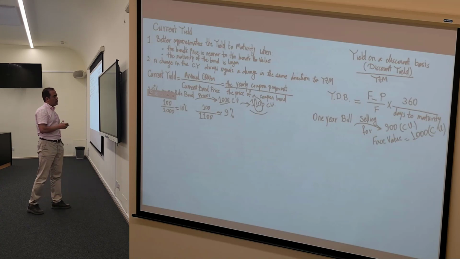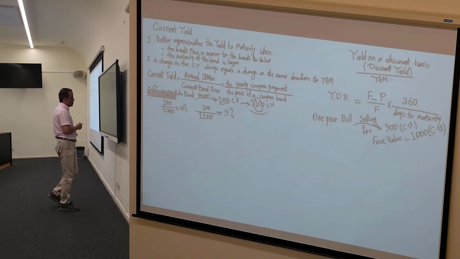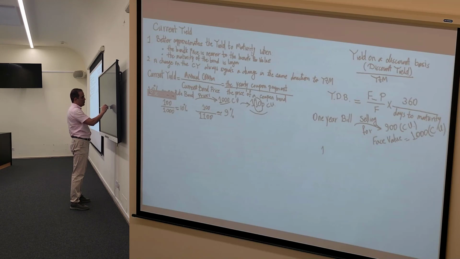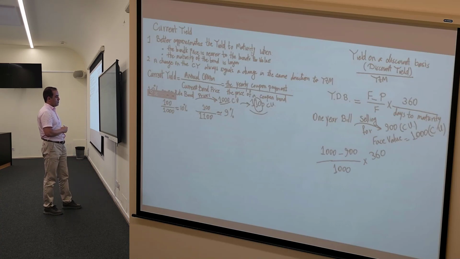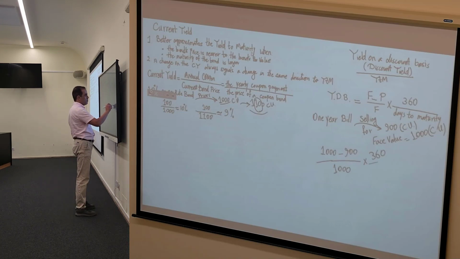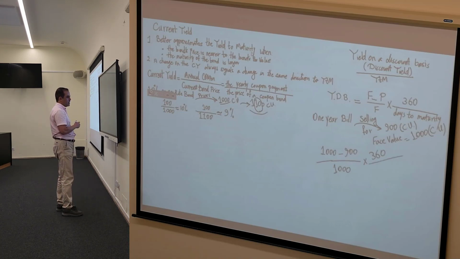Okay. The yield on a discount basis would be the 1,000 minus 900 over 1,000 times, over the days to maturity.